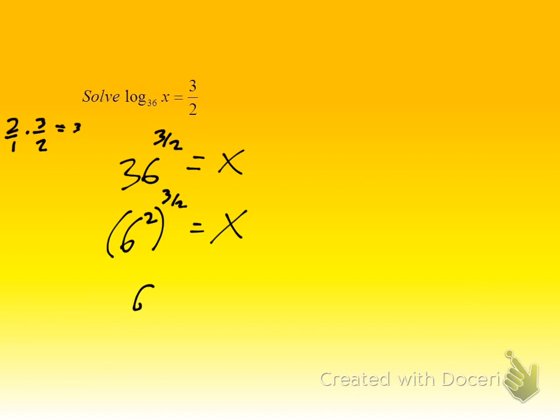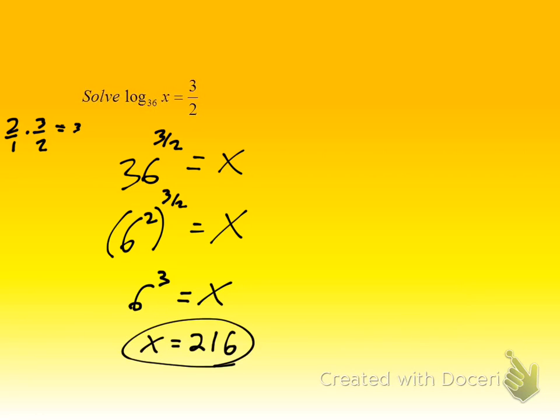So that exponent becomes 6 cubed. And 6 cubed is... no, it's not. Or is it? It's 216, right? Yeah. Brain fart.